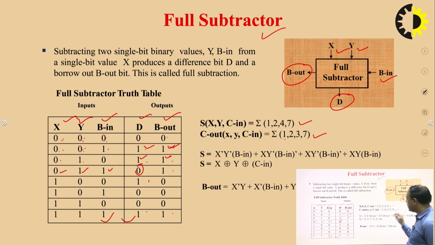The corresponding difference bit is represented by X XOR Y XOR B in, and B out is represented by X bar Y, X bar B in, and Y B in. In this way we have the function of B out as well as difference, and with the help of this we can generate a full subtractor circuit as well.